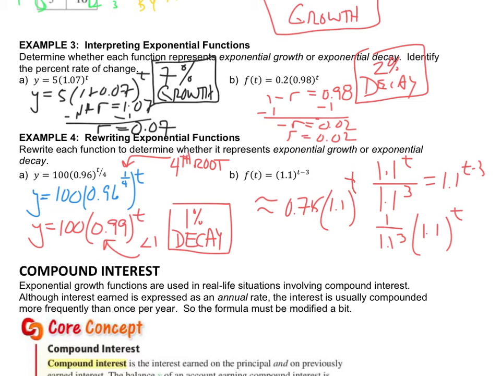Now, because this number in here is greater than 1, this is definitely a growth function. And again, we're not asked on this one, but this is a growth function of 10% because 0.1, when I move the decimal over, is 10%.